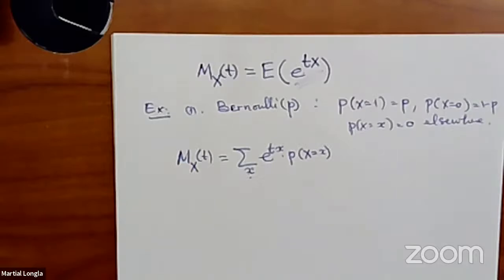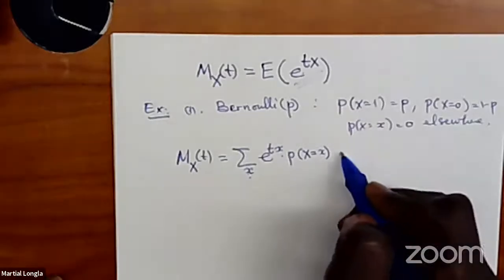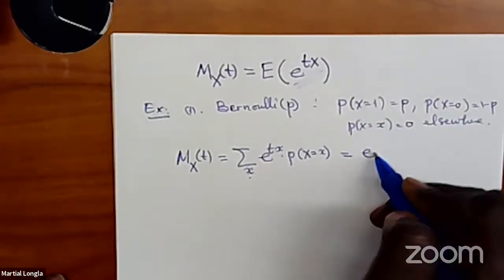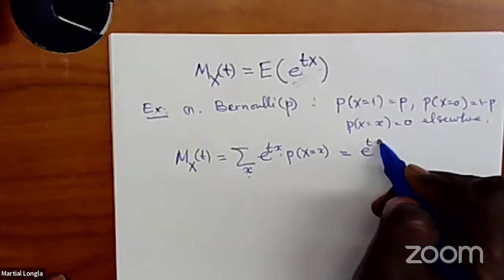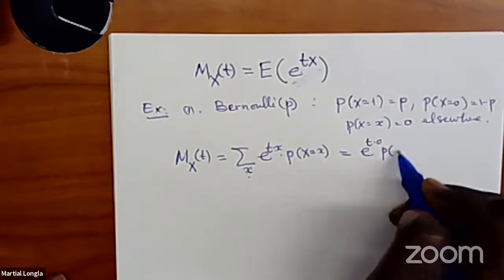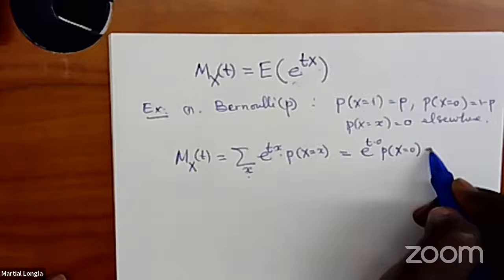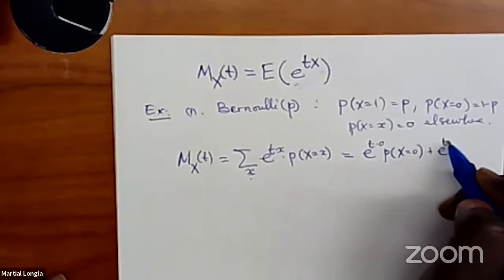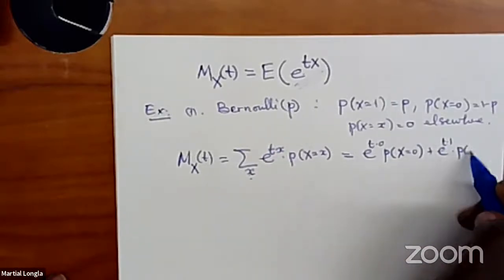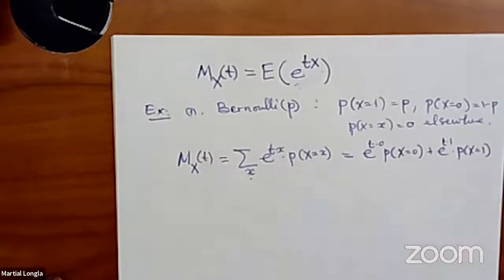Two. The only non-zero ones are 0 and 1. So this equals e to the t times 0 times the probability that x equals 0, plus e to the t times 1 times the probability that x equals 1. That's what that formula means.